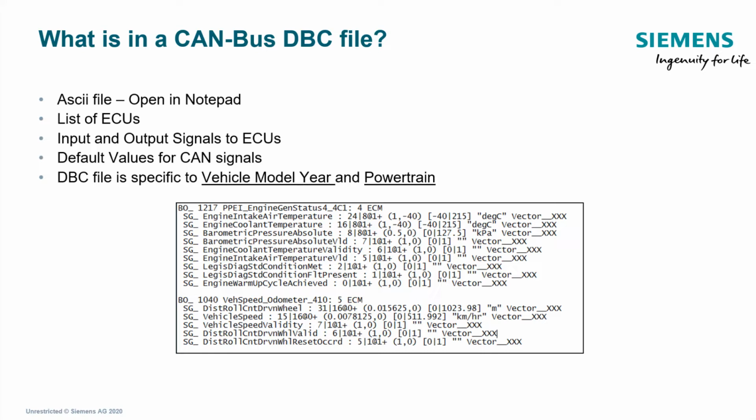And this DBC file contains information about each one of these electronic control modules or electronic control units that we were talking about, what signals are present and how to decode it and how to read it. So this file, in fact, is an ASCII file. You can open it in Notepad or whatever you want to open it in, and you'll see it list for a given vehicle all that information.